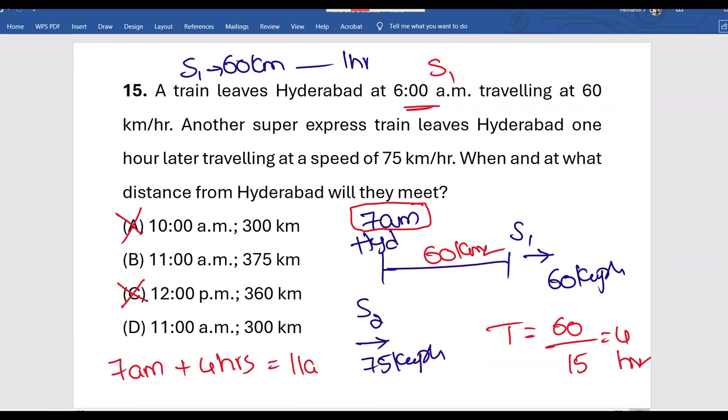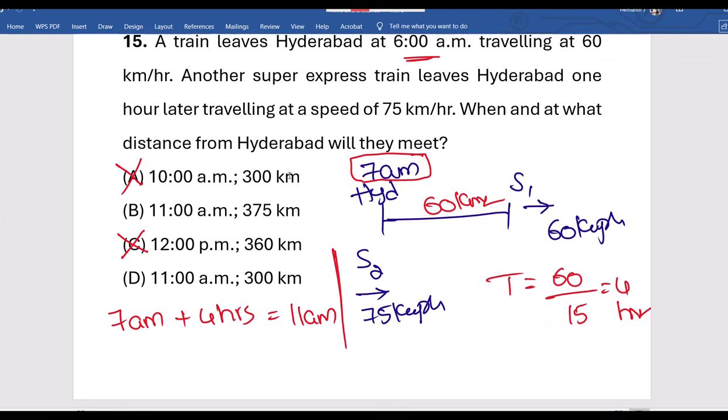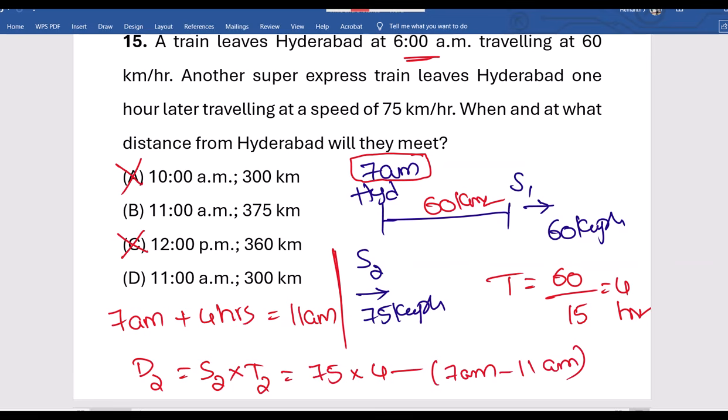See, both the trains are coming from Hyderabad only. You take the first train or the second train, your wish. If I take the second train, what is the time traveled by the second train? Its speed is 75, and it traveled 4 hours, because it started at 7 a.m. and meets at 11 a.m. So 300.